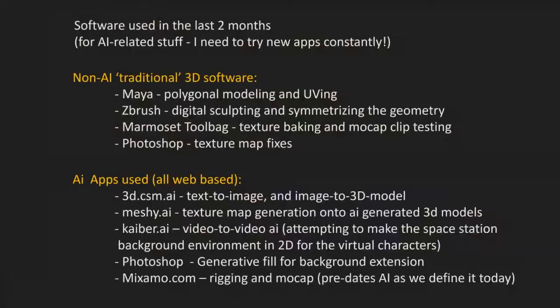The non-AI traditional software I used is the usual suspects, and then the AI apps that I used. The only one in the list that's not cloud-based is Photoshop, which I have installed on my computer at home.